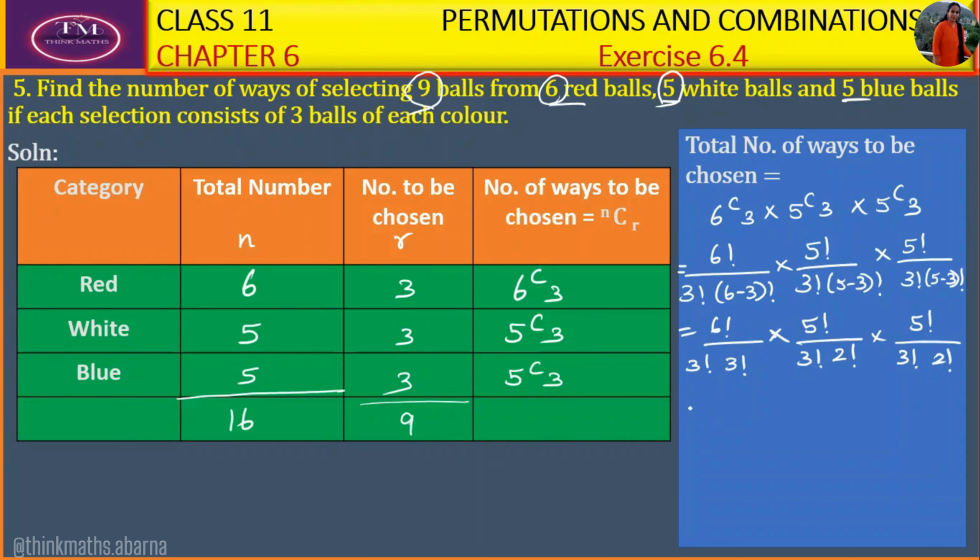How to write the 6 factorial? It can be written as 6 into 5 into 4 into 3 factorial divided by 3 factorial into 3 factorial, because we have 3 factorial in the denominator.